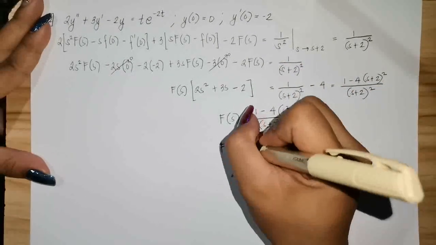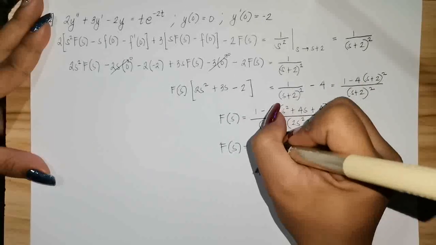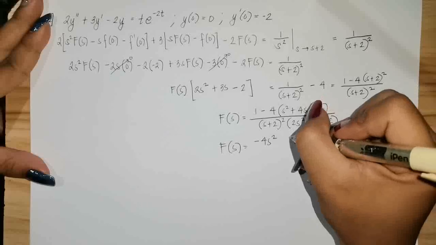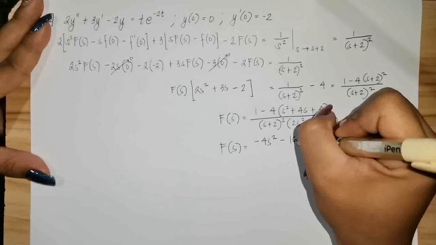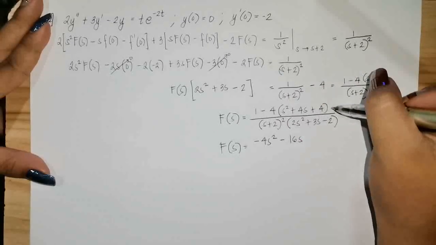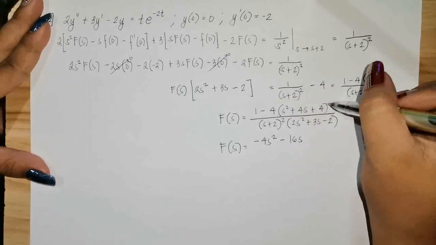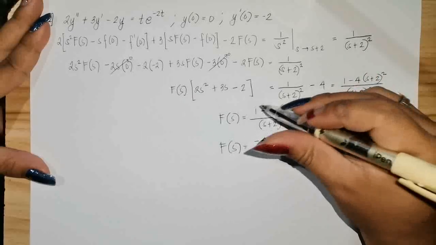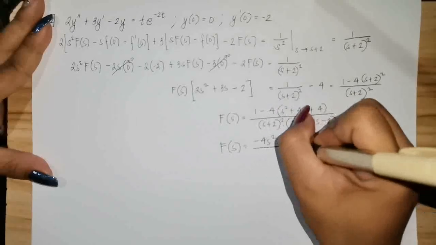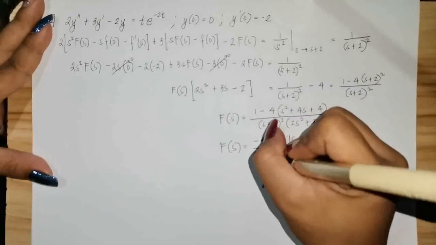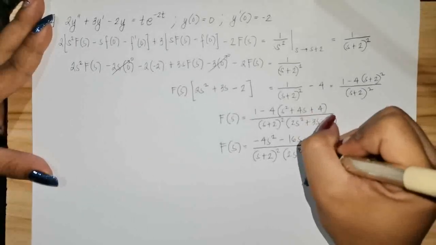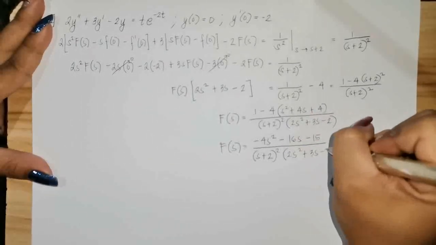You will now have the f of s as negative 4s squared, then minus 16s, then 1 minus 16. Negative 4 times 4 is negative 16, then plus 1 is minus 15 all over s plus 2 squared multiplied to 2s squared plus 3s minus 2.